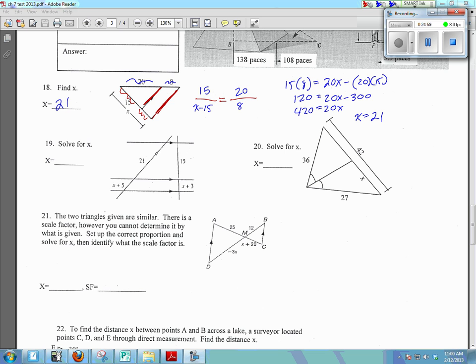Okay. Number 19, we learned in class that that segment compared to that one should be the same as this one to that one when we have three parallel lines cut by multiple transversals. So I'm going to say 21 over x plus 5 should equal 15 over x plus 3.